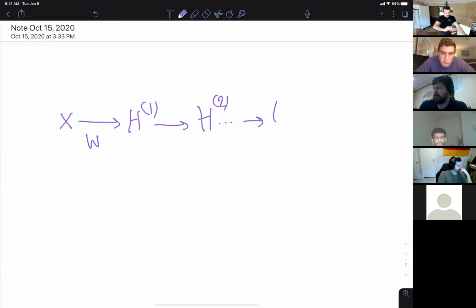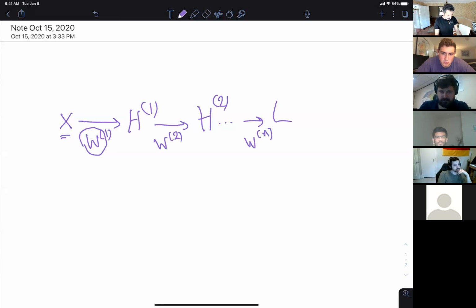You propagate it, you start from the input, multiplied by the matrix of the weights, right? So here, for example, you can have weight 1, weight 2, weight n, okay, to get to your loss.